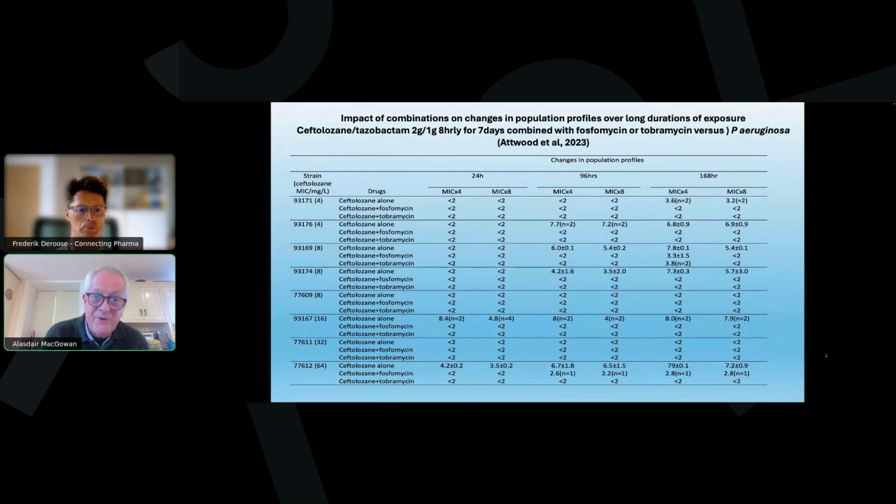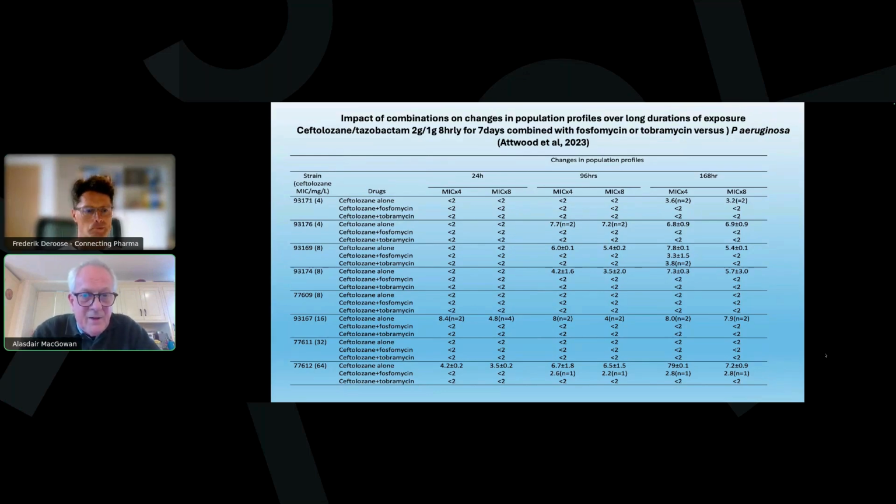But when we add fosfomycin, which has pretty modest anti-pseudomonal activity, or tobramycin, which is much more active, then you can switch off those population changes. And this kind of data is where the thoughts come from that combination therapy can reduce emergence of resistance.